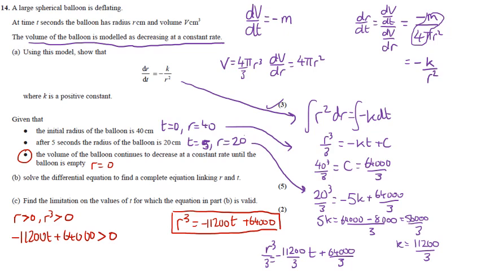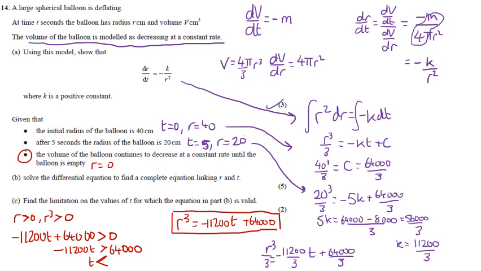And if we just rearrange that, move the 64,000 over first, and then divide by minus 11,200. Remember, if you divide by a negative number, then you must change the sign of the inequality.